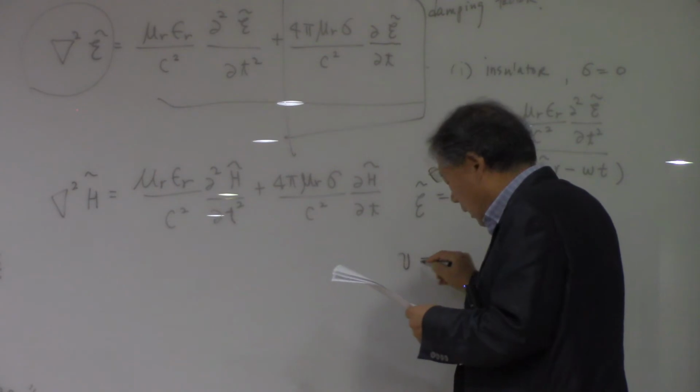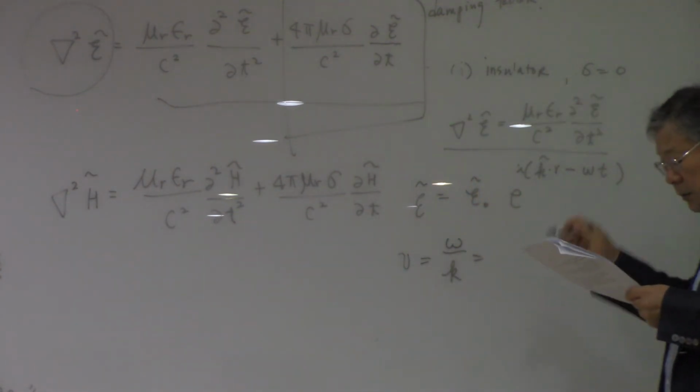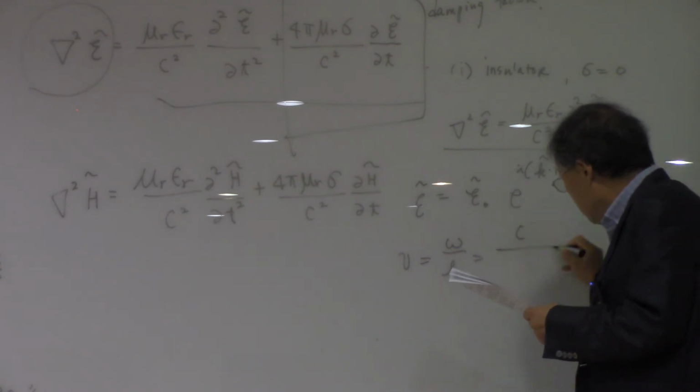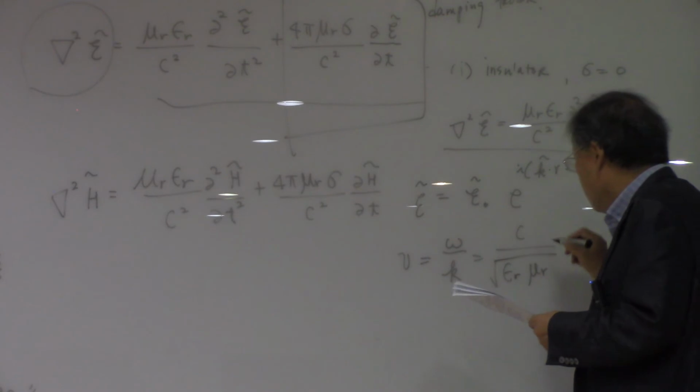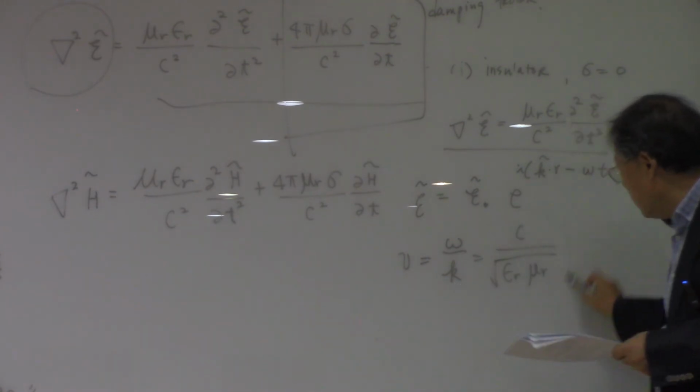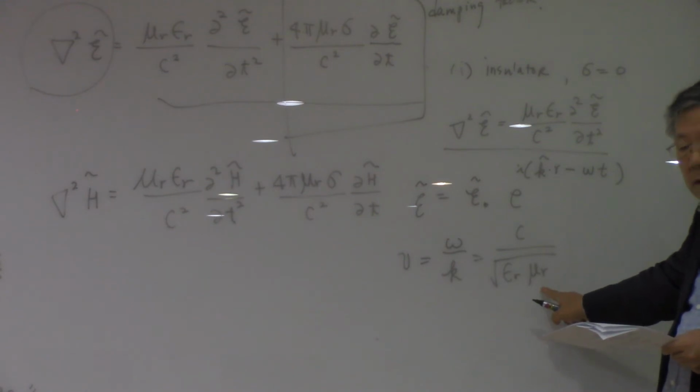And here the velocity, which is the slope in the dispersion relation, is going to be c over the square root of E r mu r. And this is the velocity of the light given the dielectric constant and permittivity of the material.